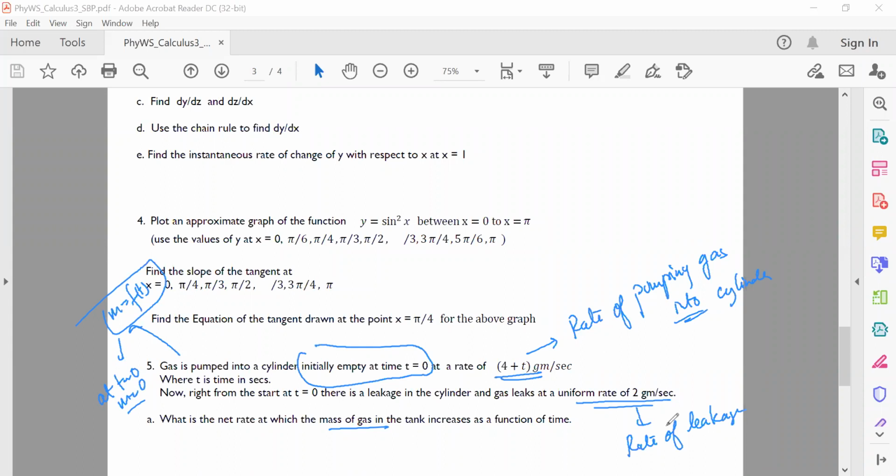Now the rate at which this mass is changing is dm/dt. So logically it should be the rate of pumping minus the rate of leakage. This is a logical statement that I've written. Hope this is making sense. Okay.